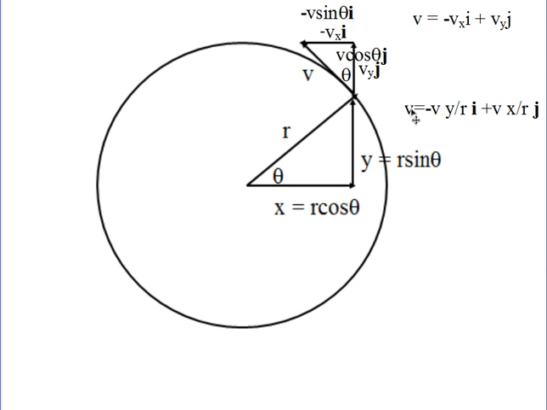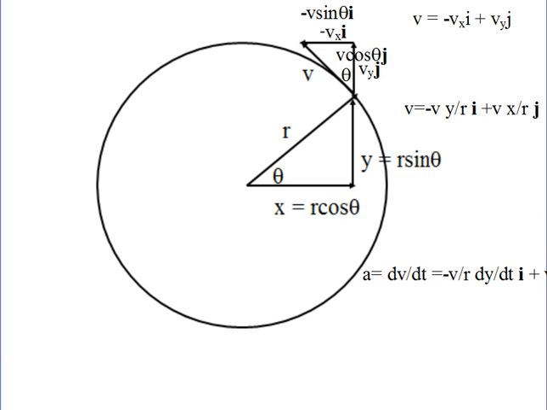So this quantity here is not a constant, but this here would be the magnitude of the velocity, and it is constant. The y, of course, is changing as a function of time. As you go around, the y values keep changing with time, and so do the x values. R, however, is a constant, and of course these unit vectors are constants.